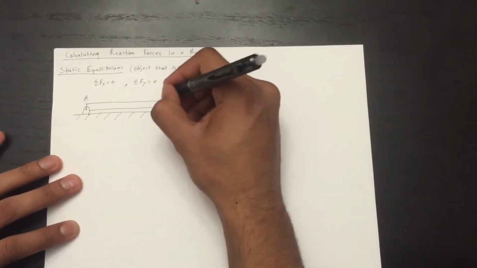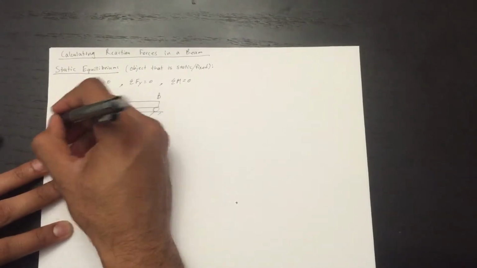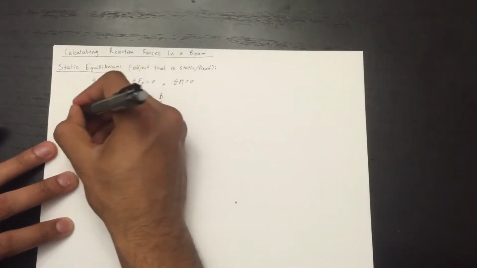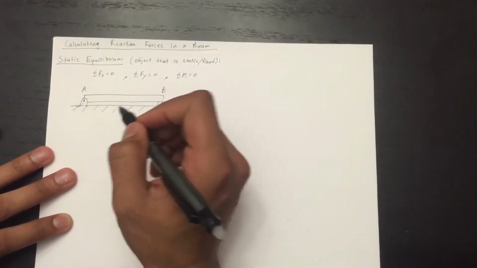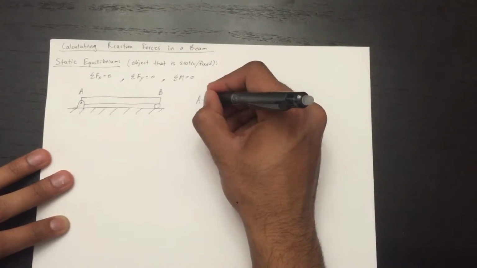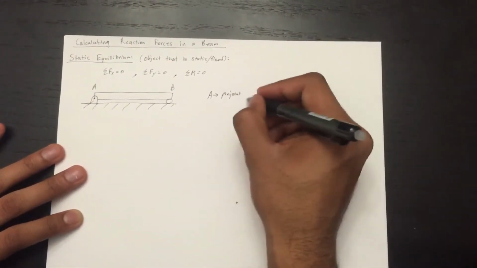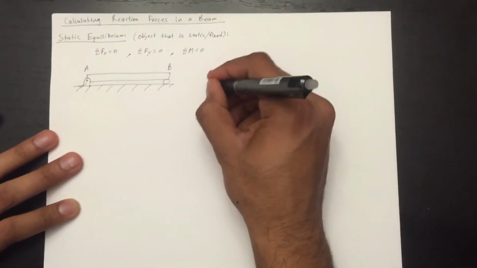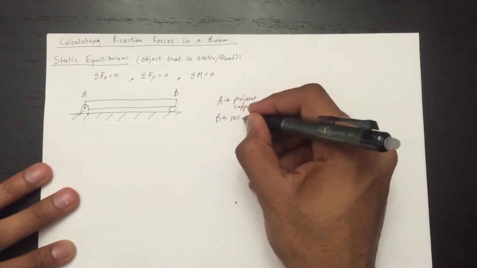Let this end be A, this end be B. I don't want to put arrows to confuse it with vectors. So A is a pin joint support, and B is a roller support.